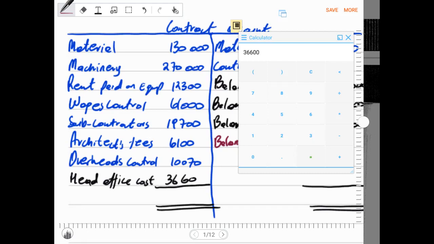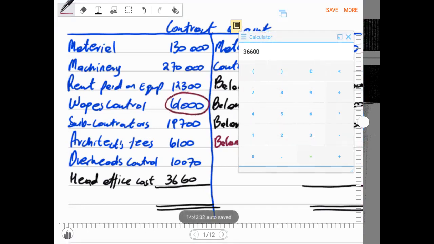Let me confirm that. 61,000 times 6 divided by 100 is 3,660. So sorry for that. Take note the head office cost is 3,660.